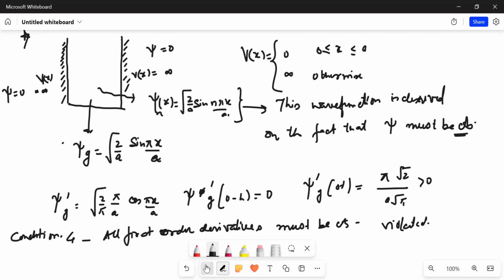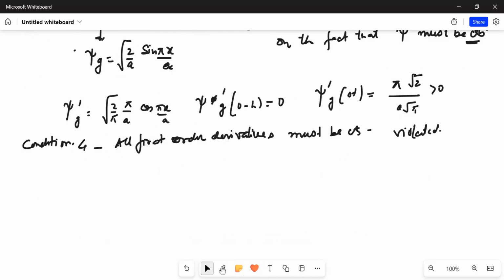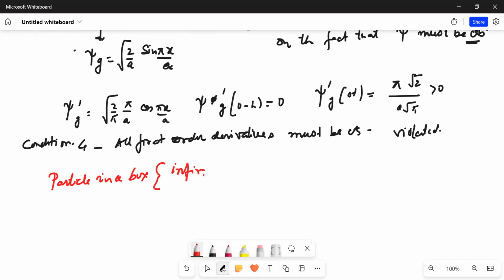Okay, so therefore one arrives at the fact that this particle in a box, or particle in an infinite square well, is not a physically realizable system.